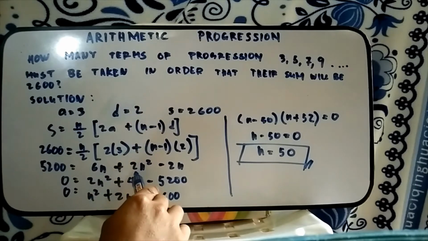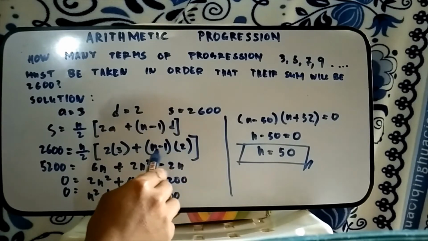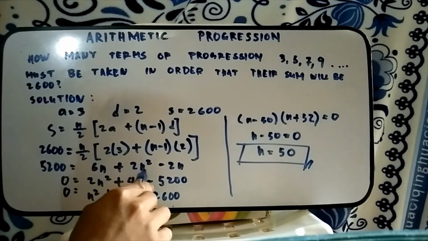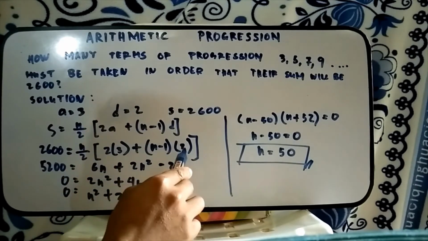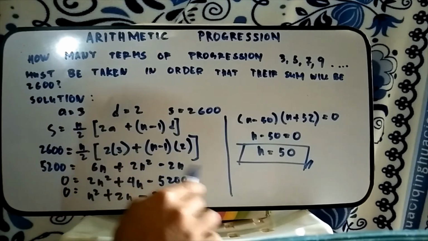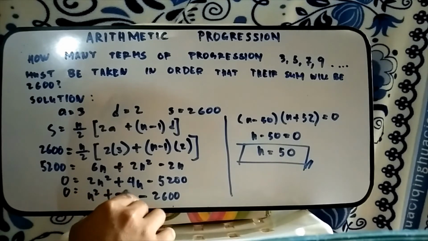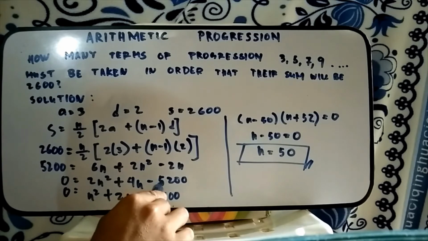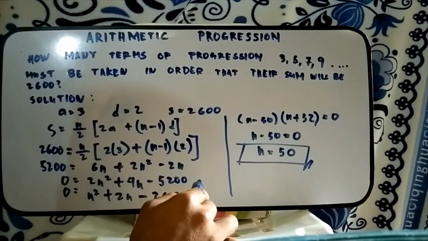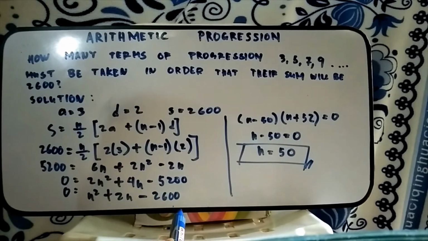Then we get this 2 plus 2n squared, 2 times n is 2n squared, less 2 times 1, negative 2 times n is negative 2n. Manipulating the equation, 2n squared plus 4n less, transpose the 5,200 to the other side, so negative 5,200.